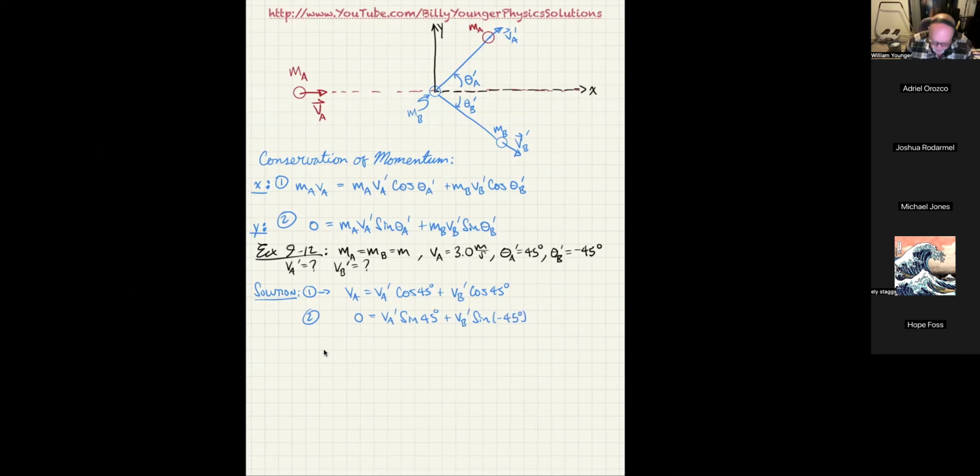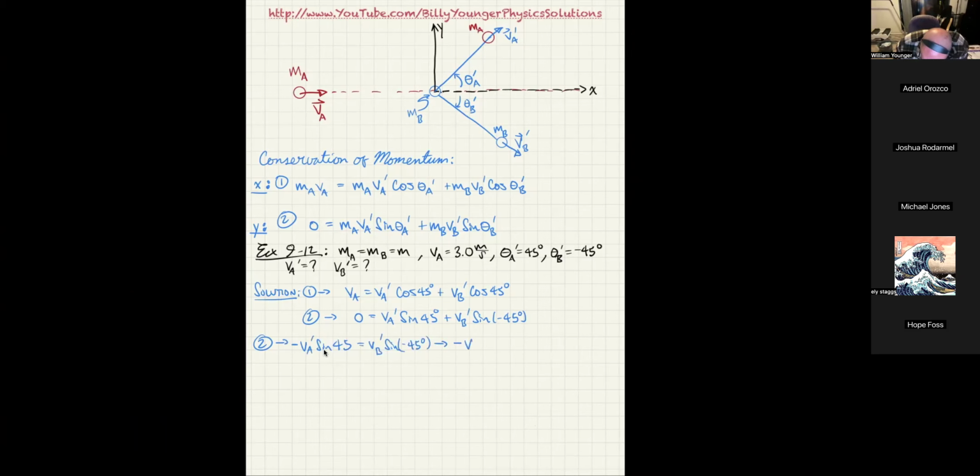So from this, you might be able to take equation 2 and get another response. Equation 2 is going to become VA prime sine 45 is equal to, and this will be a negative here, VB prime sine of negative 45 degrees. But you probably recall that the sine of negative theta is equal to the negative sine of theta.